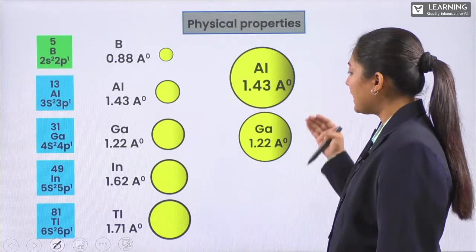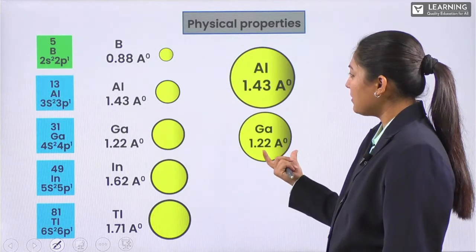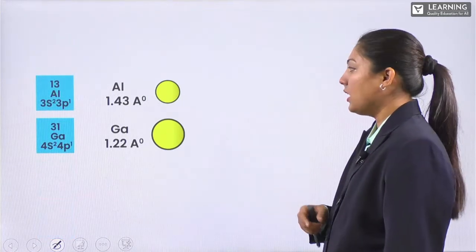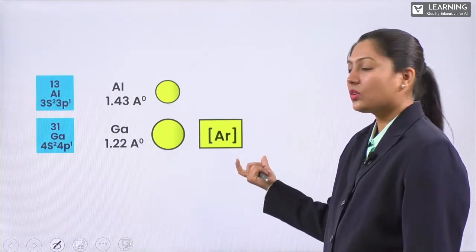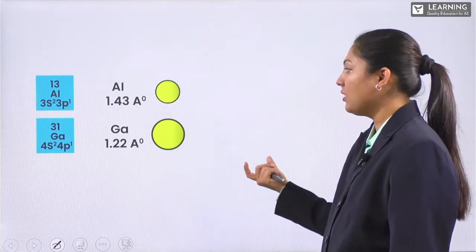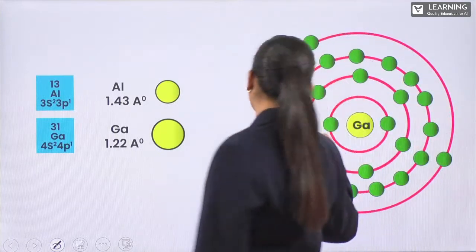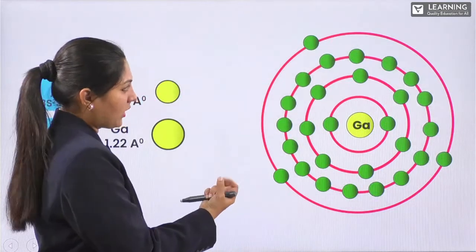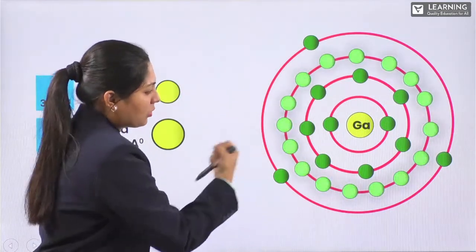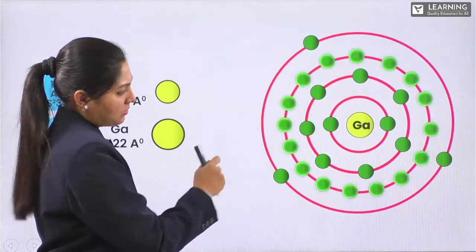If you see gallium and aluminium, gallium is a bit smaller than aluminium, right? Why? Because we have the electronic configuration with the d orbital. When you have the inner d orbital, it shields poorly and the attraction will be more. So what happens? The electrons come closer to the nucleus.